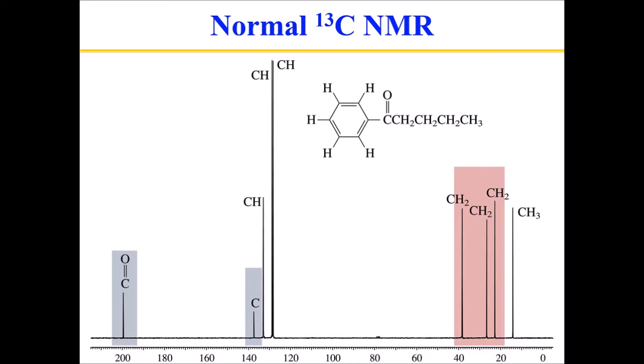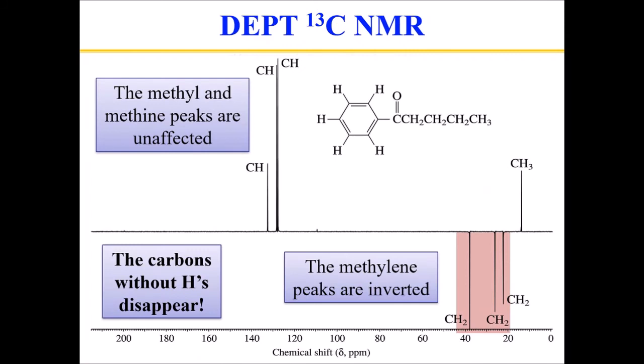What they did is they came up with a technique called distortionless enhanced polarization transfer, and mercifully abbreviated as DEPT. And in a DEPT C13 NMR, there's actually several different ways of running this. In a DEPT C13 NMR, it inverts the carbons that are bound to an even number of hydrogens.